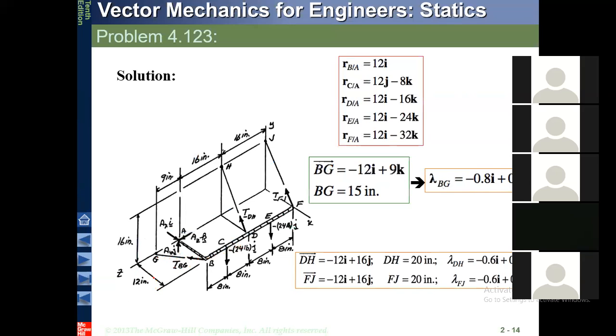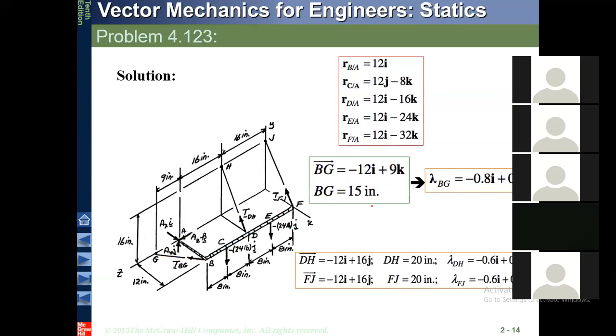This is 12 inch, and you have a 9 inch in Z direction. So then you can easily derive the magnitude of BG by taking the square root of 12 squared plus 9 squared, and you get 15 inch for the length of vector BG, and you can get the unit vector lambda BG by dividing the vector BG by 15 inches.